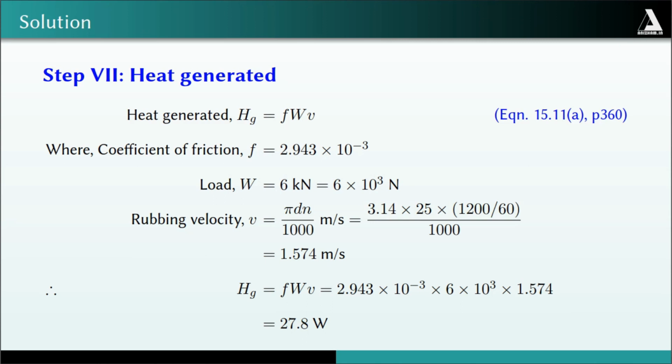Here N is in RPS, that is revolutions per second. So we obtain V as 1.574 meters per second. Substituting the values, we obtain the heat generated Hg as 27.8 watts.